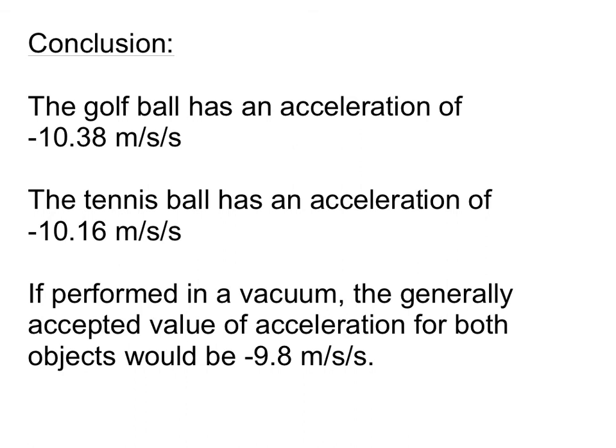However, what we would find if we were to perform the experiment in a vacuum where there's no air, is that the slope would have been negative 9.8 meters per second squared. This is the generally accepted value for acceleration if something's in free fall, and this is the value we're going to use in class.